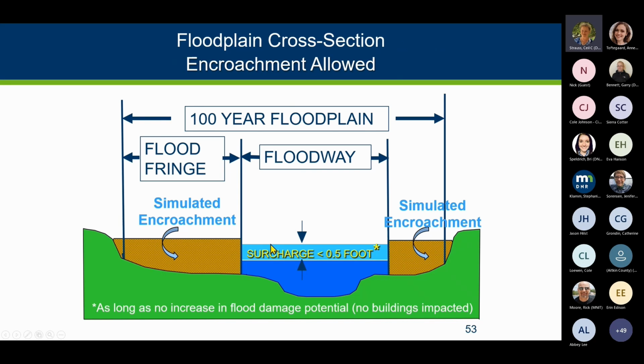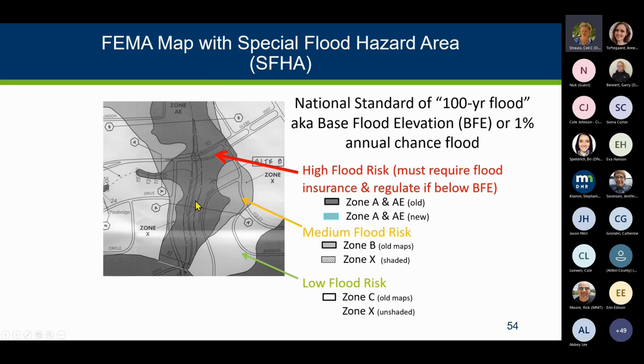They might run it and find out the surcharge is too much. So then they have to adjust where that floodway is going to be until the floodway in the model doesn't cause too much of an increase in the flood levels. And then that revised run with that floodway shown is on our maps.